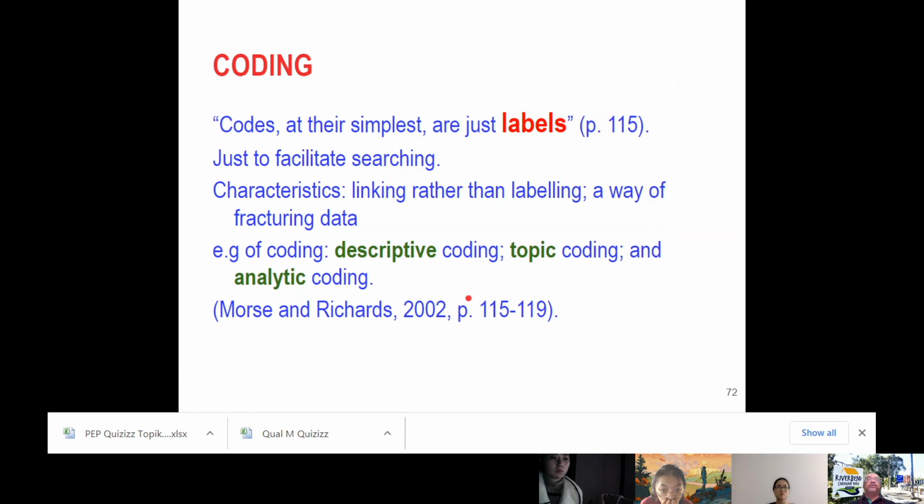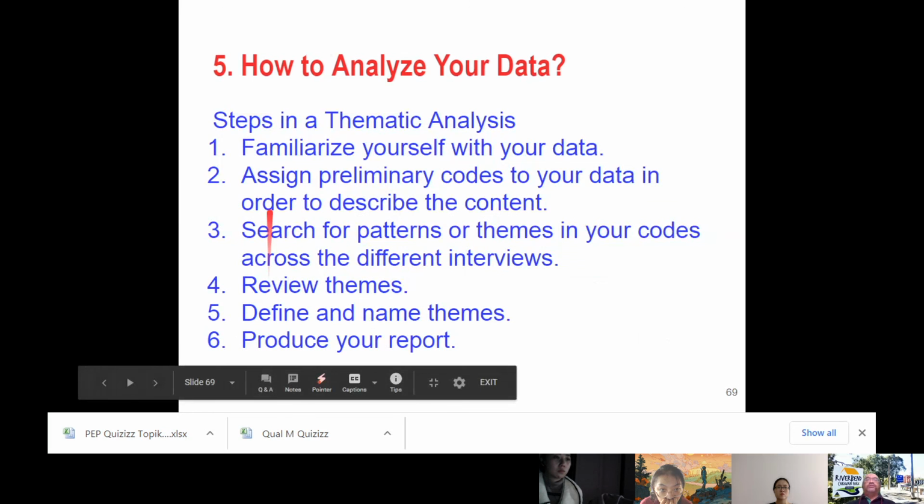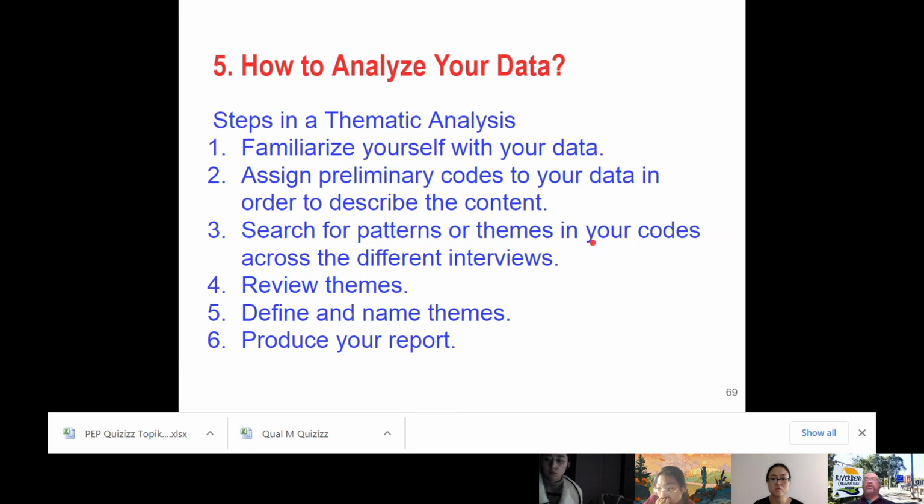So let's go to the points. That's number 2, how you create codes for your data. Number 3, search for patterns or themes in your codes. From the codes there, you need to think hard in order to see the patterns.